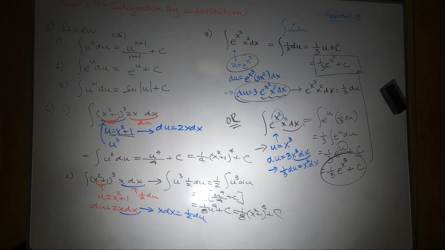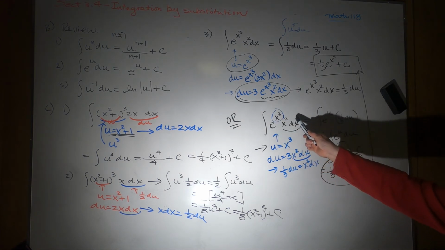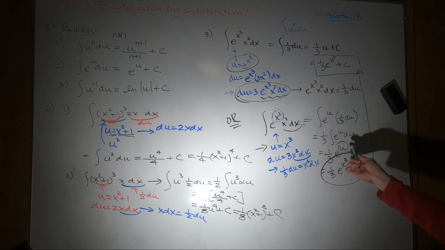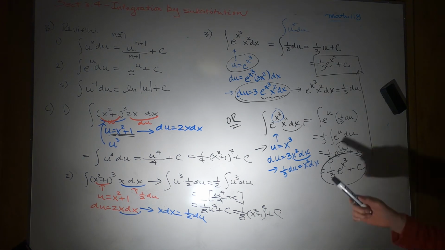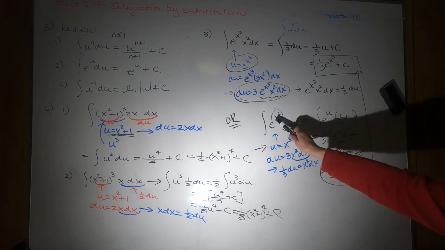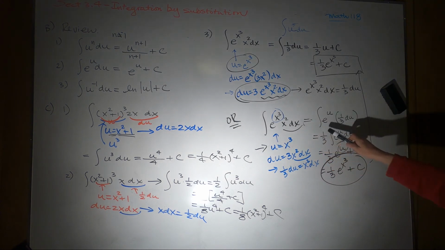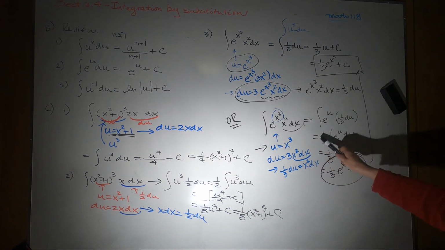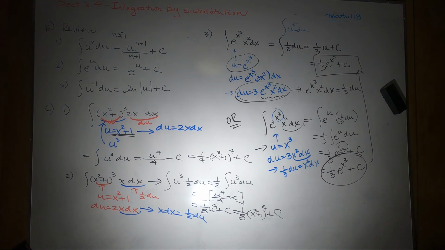There are many ways to make the original integrations much simpler by substitution of u. To make x cubed, x squared, you only have what? A single thing to integrate.